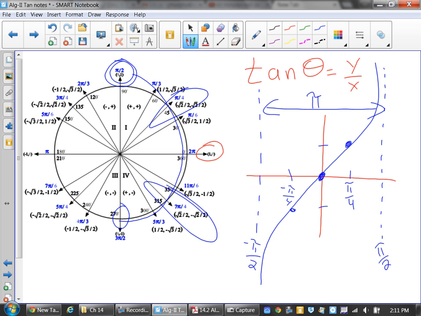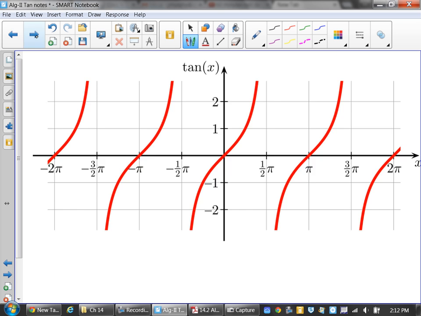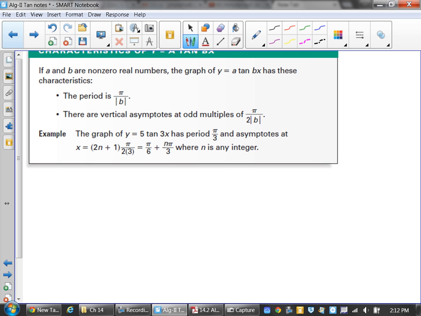A parent function tangent graph always goes through the origin. It has 2 asymptotes and a period. What the A's and B's stand for are the following. In tangent, you have y equals A tangent B of x, where A is kind of like, we'll call that amplitude again.